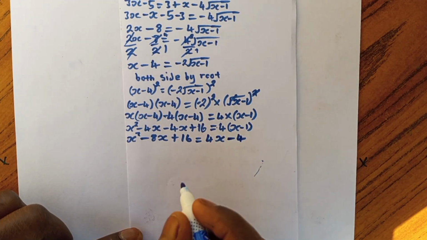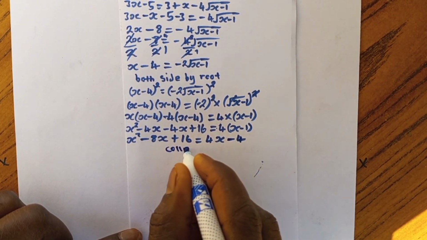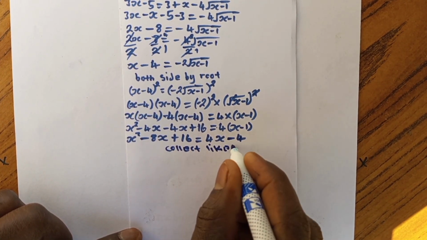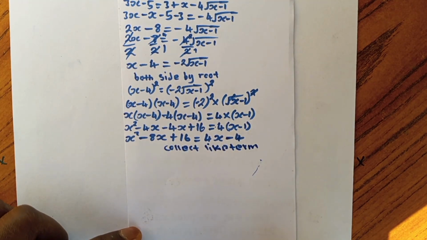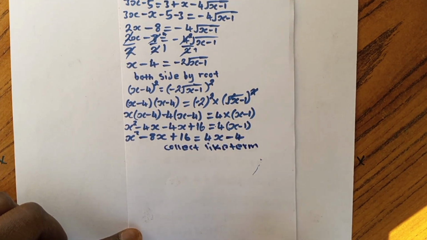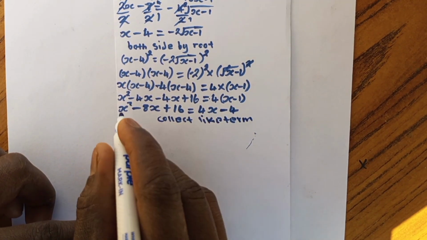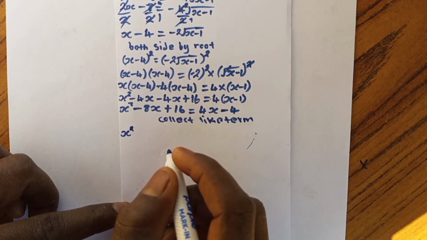So we continue, collect like terms. Now let us collect like terms. First take x square. Do we have any number that has square again?